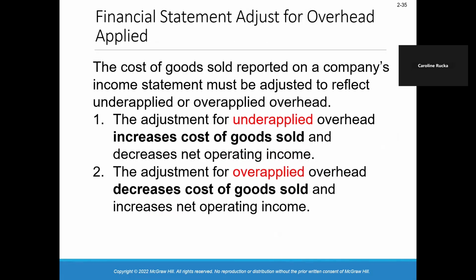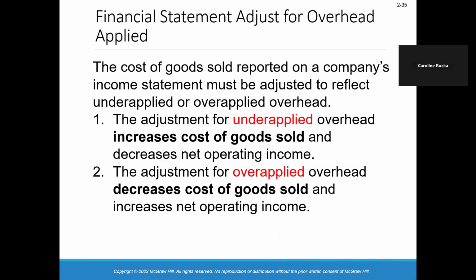So if you have underapplied your overhead, that's going to increase the cost of goods sold and decrease your net operating income. I'm sorry, let's back up. When you make the adjustment for underapplied, you have underapplied the overhead, which means that you have reported under the amount of costs you had.